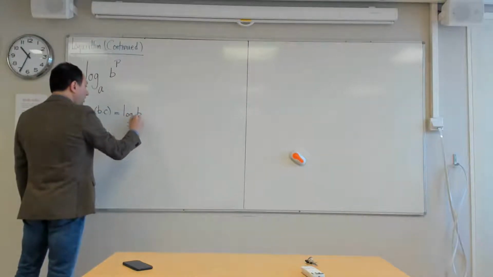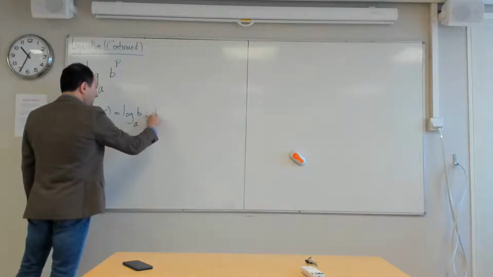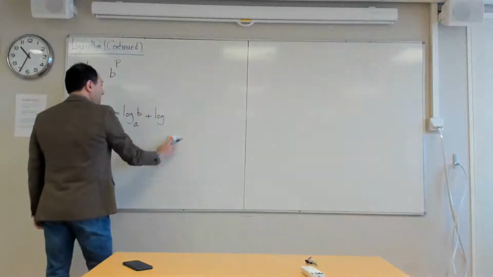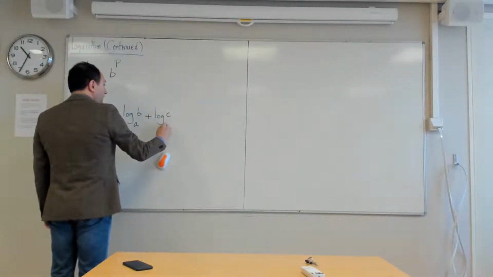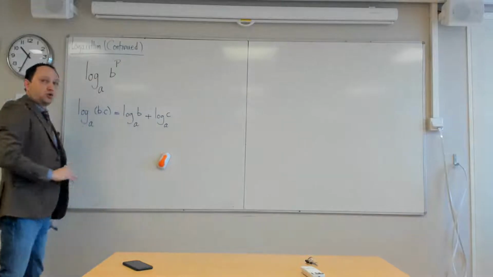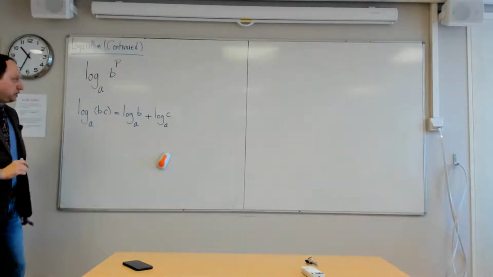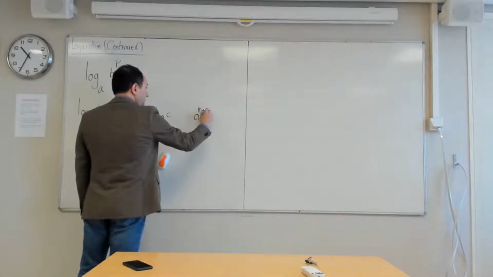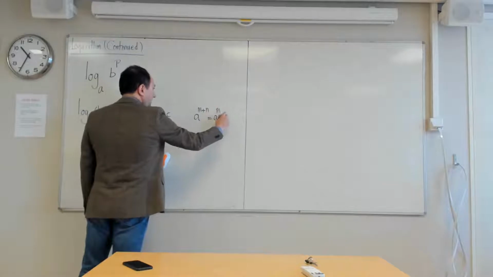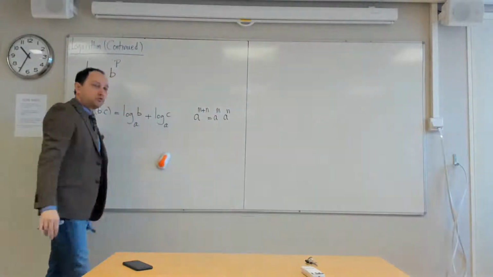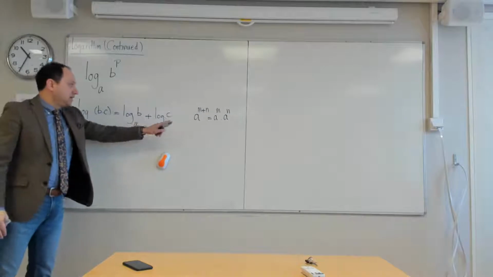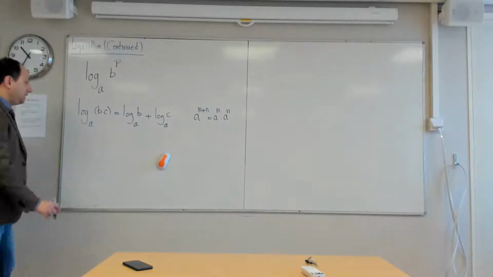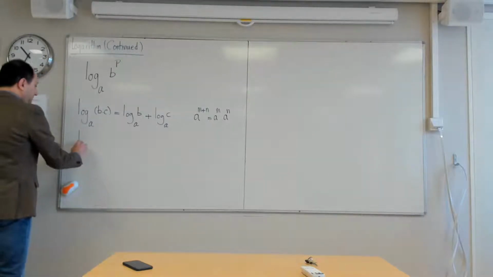So this becomes the log of b in base a plus the log of c in base a. If I ask you, what is the origin of this formula? If you remember in the lecture, you would say one of the power rules implies this in the language of logarithms. Yes?